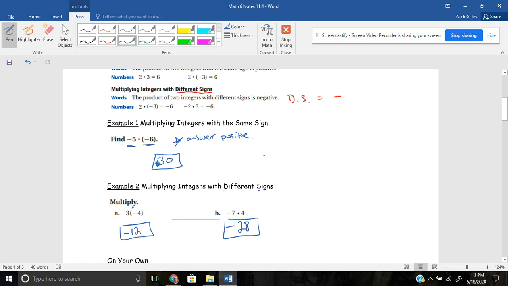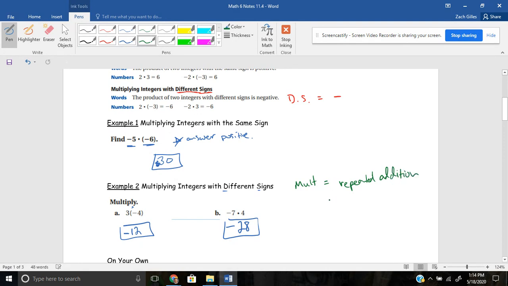Now, you might be wondering, why is that? Why does that make sense? Well, remember, back when you first learned about multiplication, probably in 3rd or 4th grade, multiplication is repeated addition, is all it is.